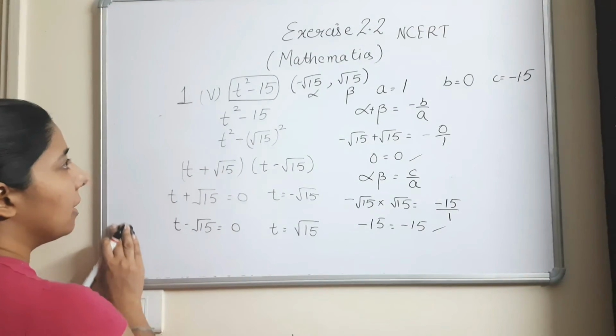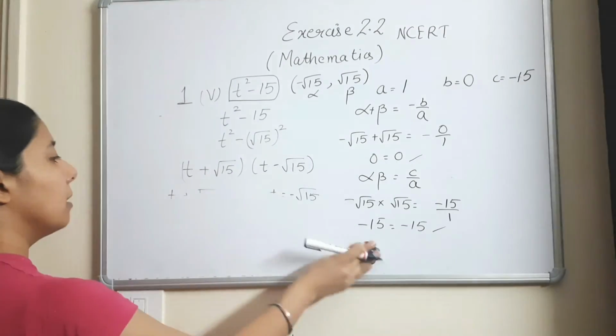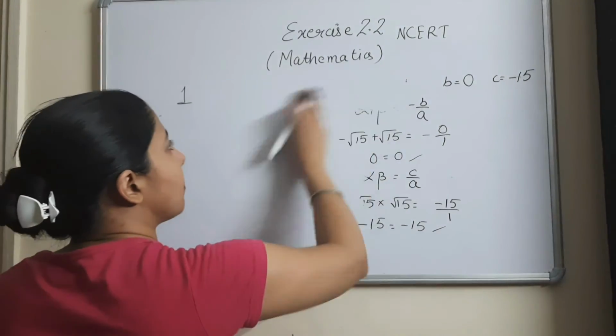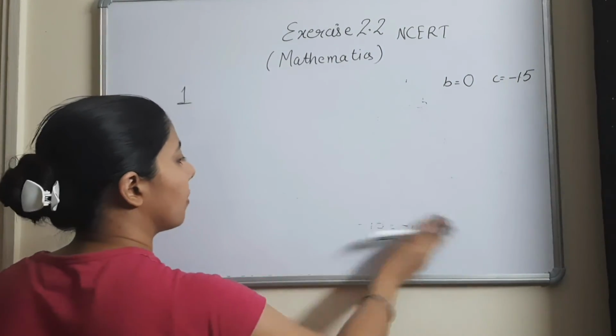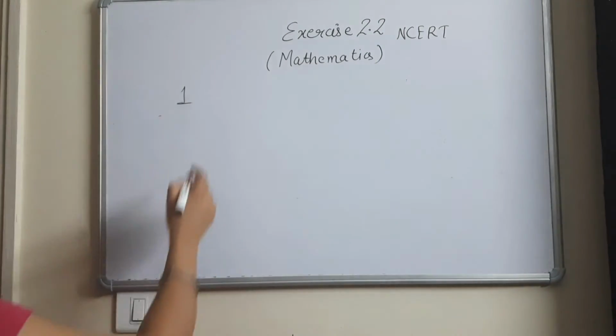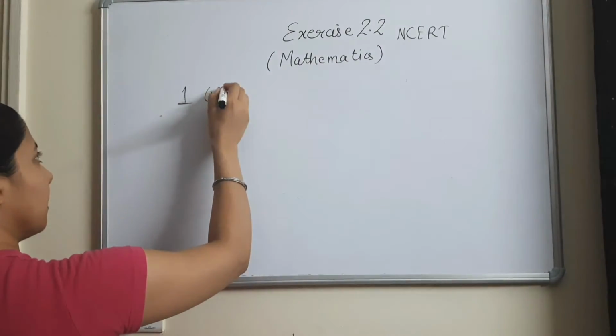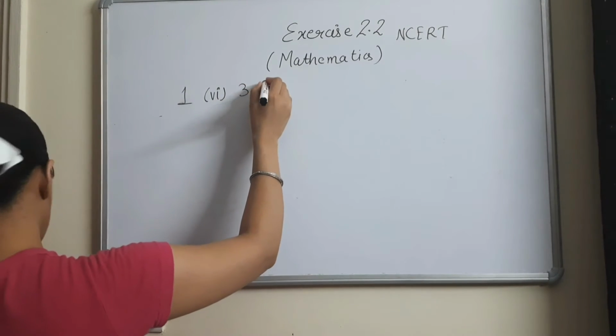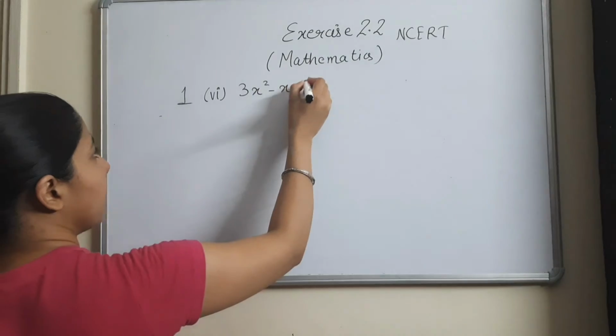So next we will take question number 6 of the first part. So let's take question number 6. That is 3x square minus x minus 4.